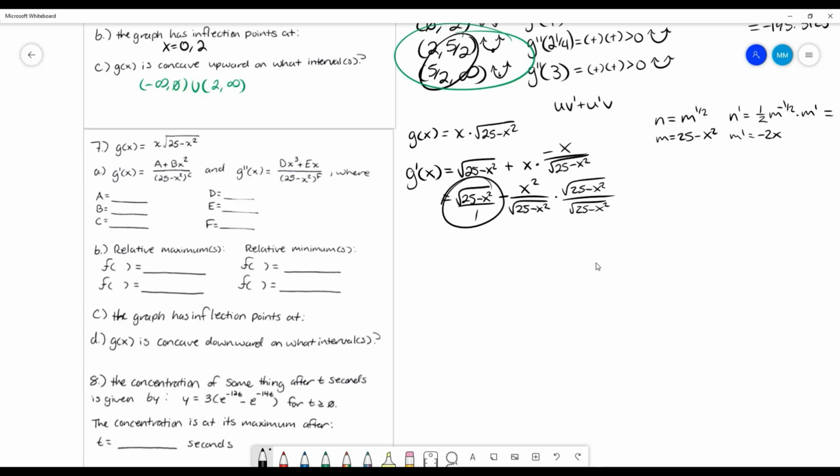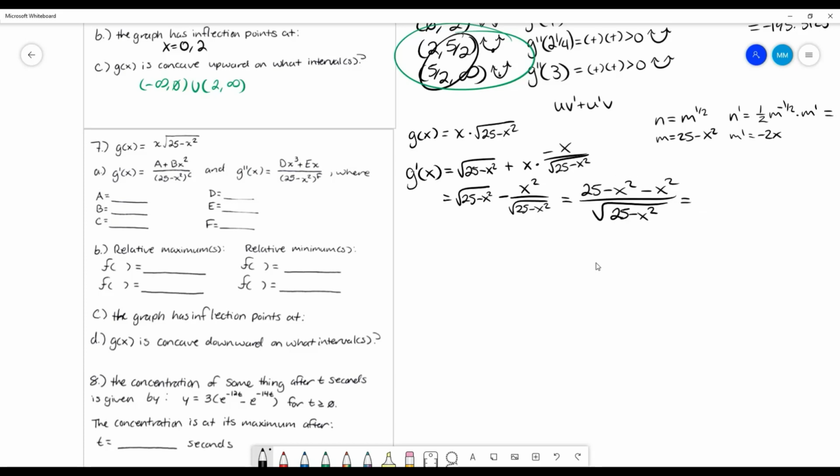I only need to do it to this side, because this already has that denominator, right? So if I multiply this times this, that's going to undo the square root, so I get 25 minus x squared, and then minus x squared there. And now they've both got a denominator of this.